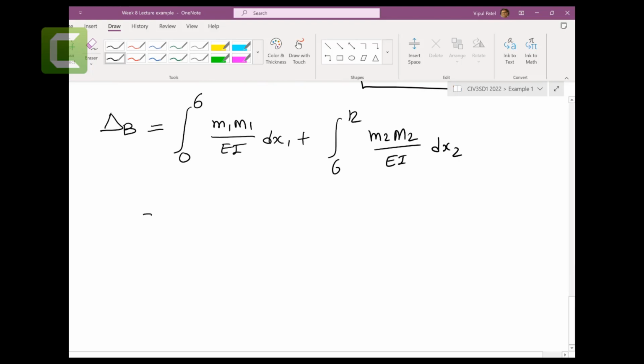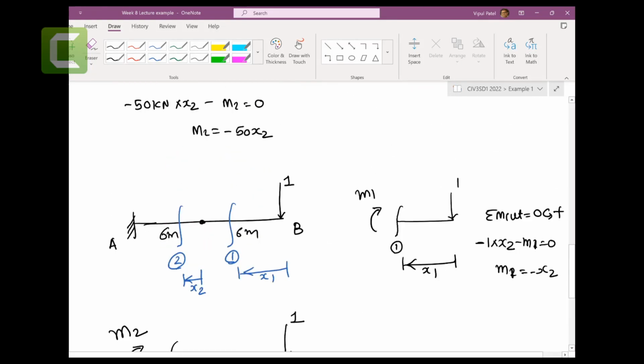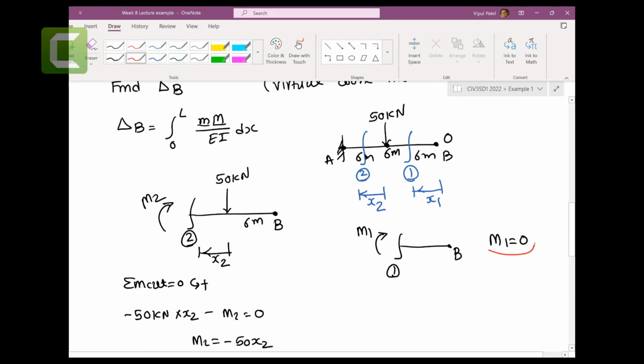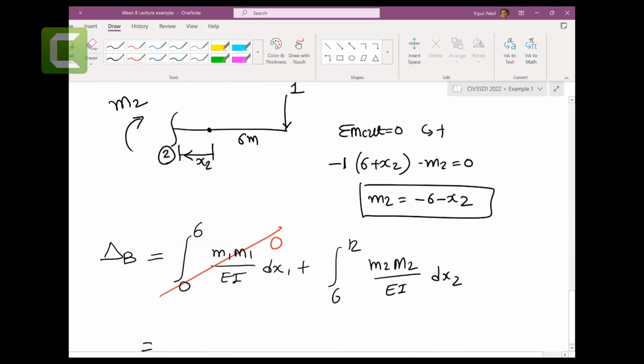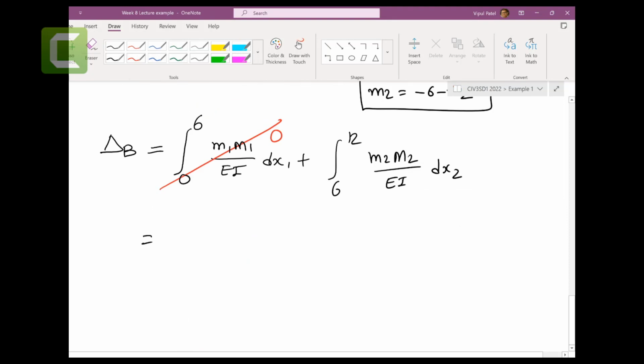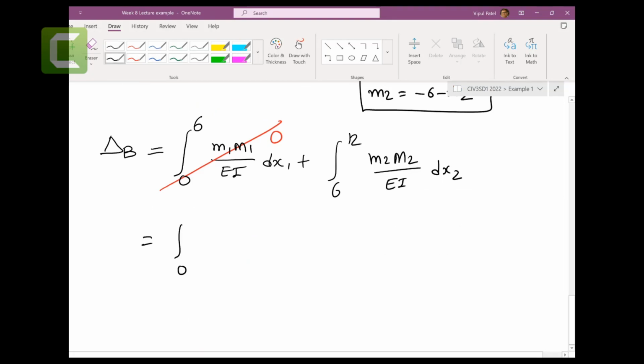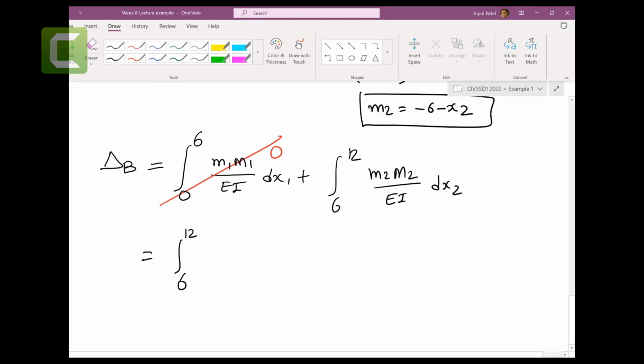So let's plug in the values. This will be immediately 0. Why? Because capital M1 is 0. So if you plug in capital M1 as 0, you get this 0. So you're dealing with only the second one, 6 to 12.